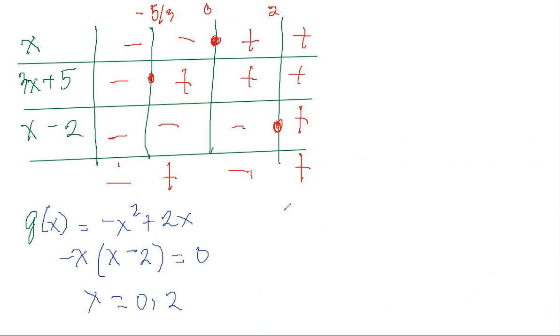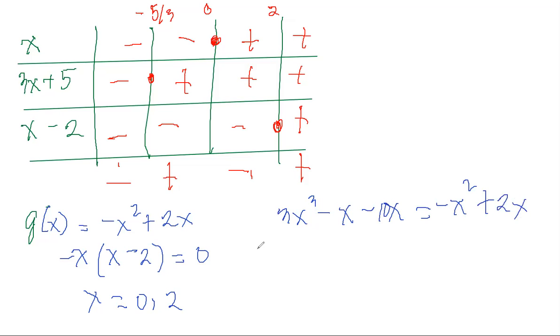So we have 3x cubed minus x squared minus 10x equal to negative x squared plus 2x.